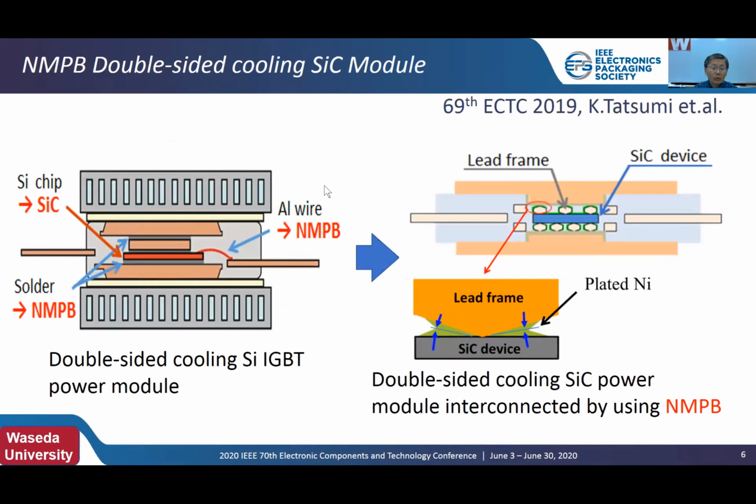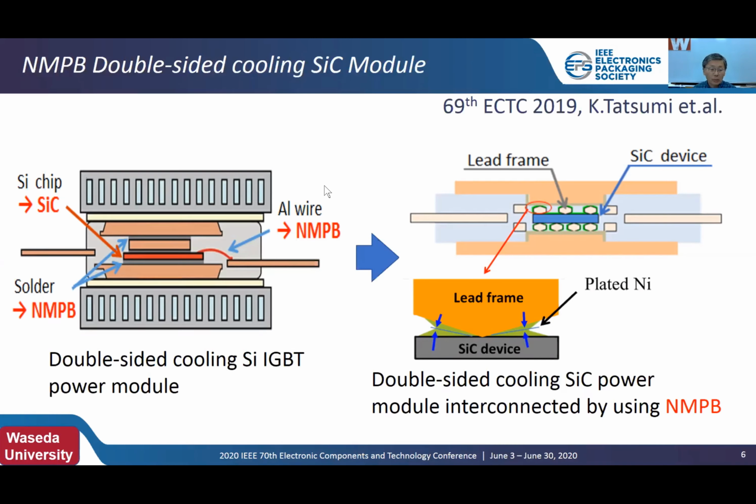As shown in right figure of this slide, we propose a unique bonding method, nickel microplating bonding (NMPB), applied for plastic SiC power package of double-sided cooling structure and presented at ECTC 2019 last year.